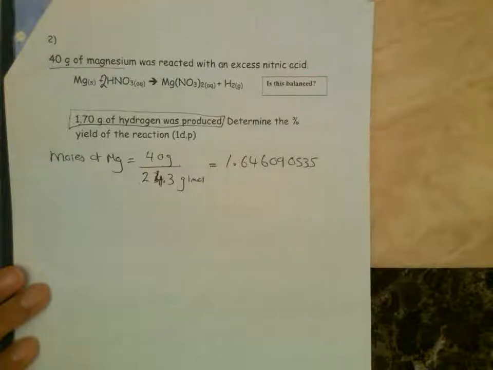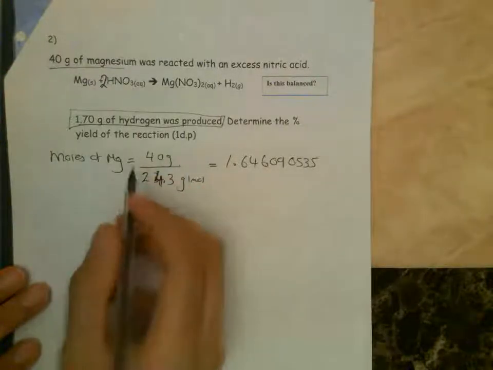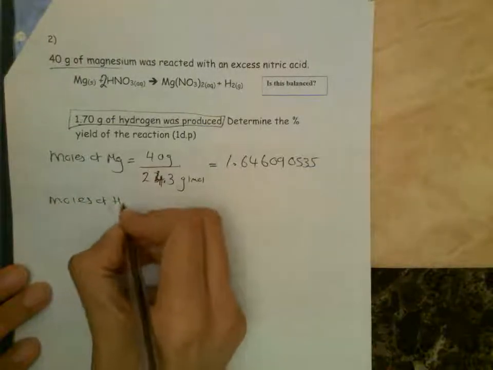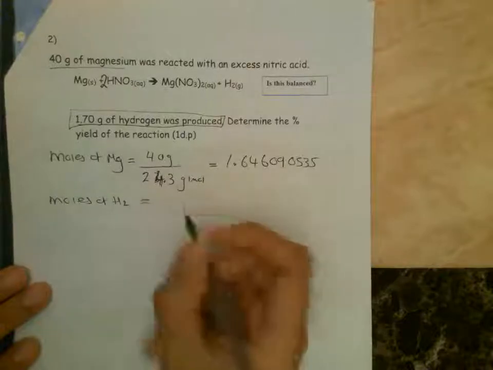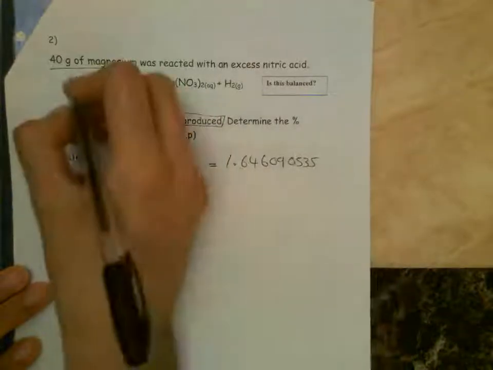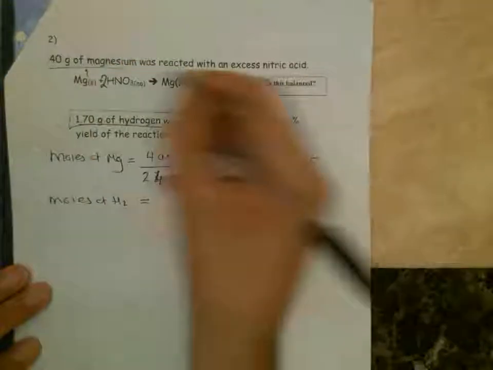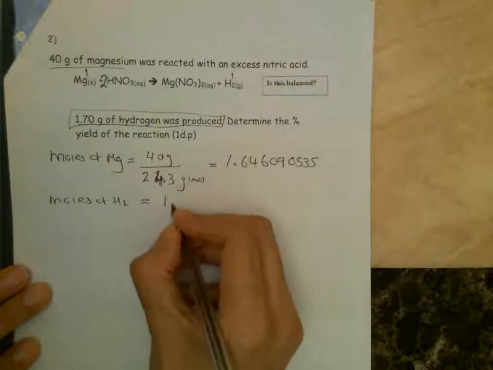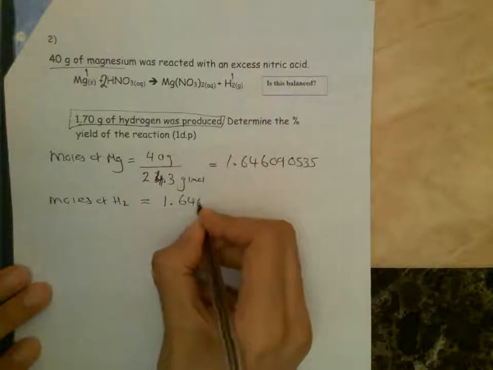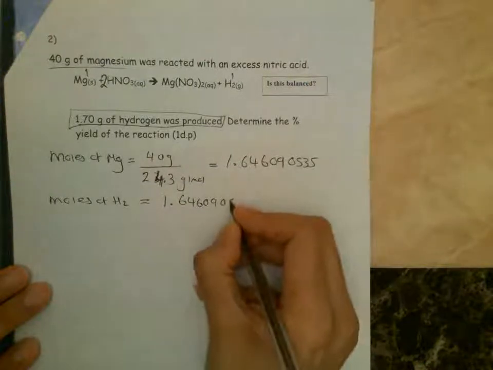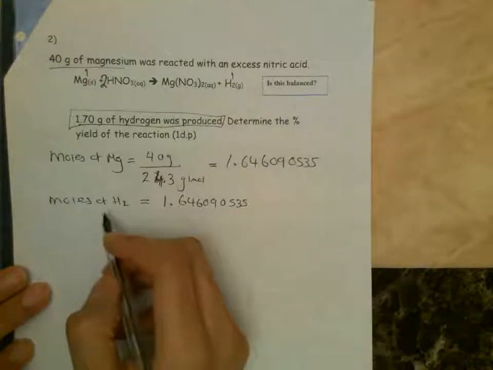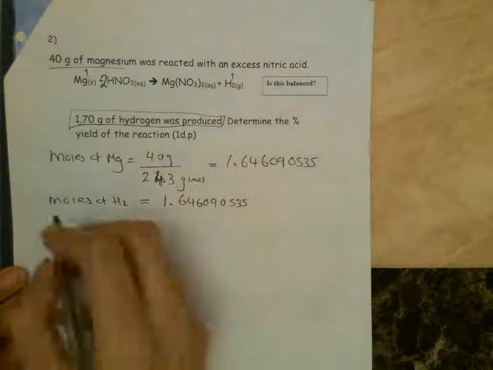That's the moles of magnesium. So the moles of hydrogen would be the same as the moles of magnesium, because there's a 1-to-1 ratio between the two. So moles of H2 is 1.64609053 moles of H2.